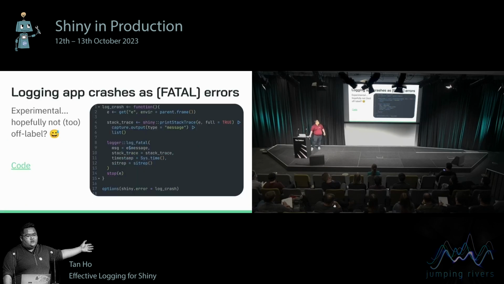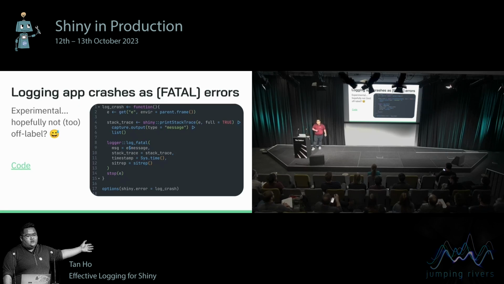Another thing, I experimented with this, came up with this process for logging app crashes and fatal errors. It's kind of off-label. Anytime you use get, I feel a little queasy about things. But it's not too off-label. So basically what this is doing is creating a function that runs anytime there's a shiny error.